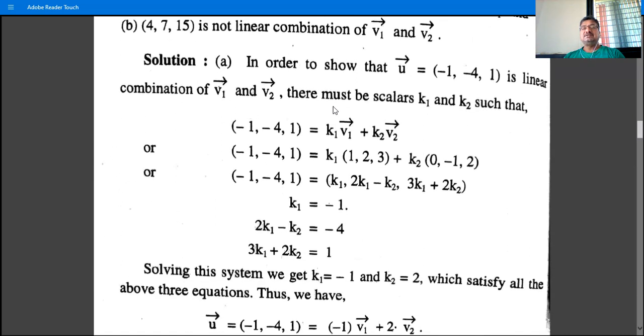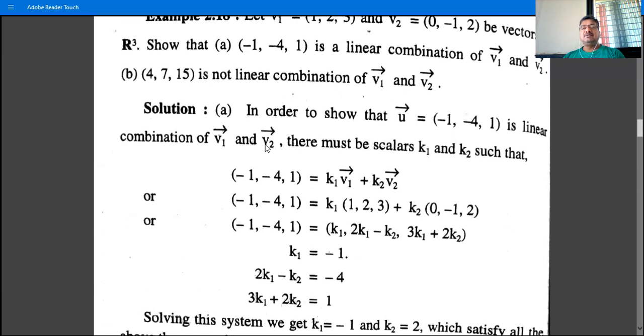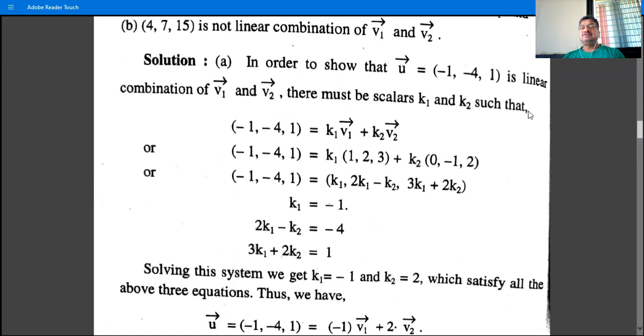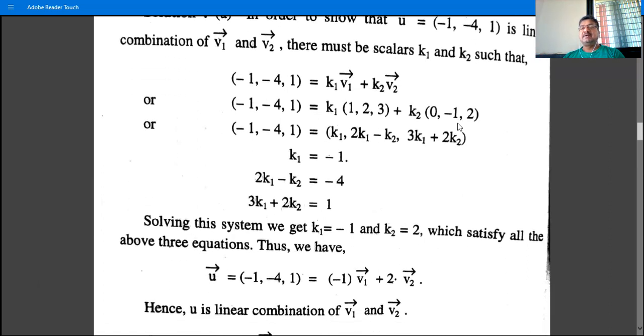So the first sentence: U bar is the given vector, V1 bar, V2 bar are these two vectors, and then let K1 and K2 be scalars so that U bar is equal to K1 V1 plus K2 V2. Then substitute the values of U bar, V1 and V2. Then apply the definition of scalar multiplication in R3, and then the definition of addition of two vectors.